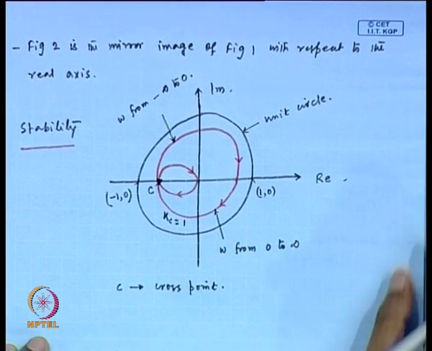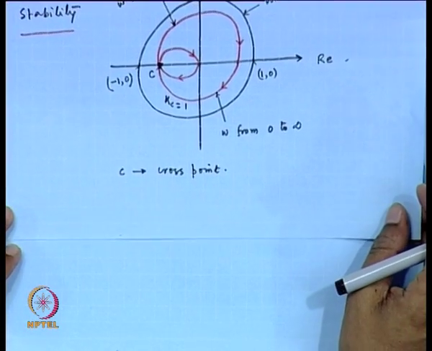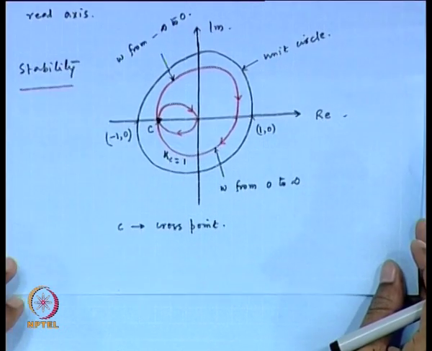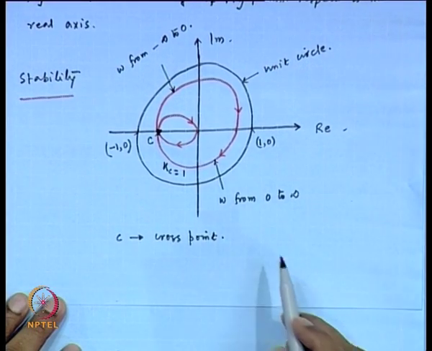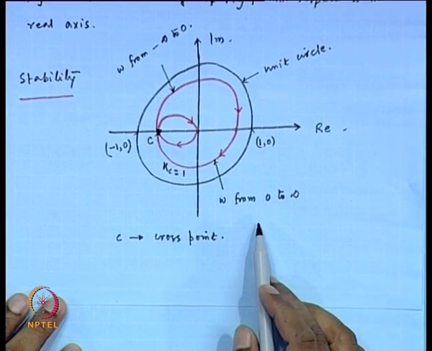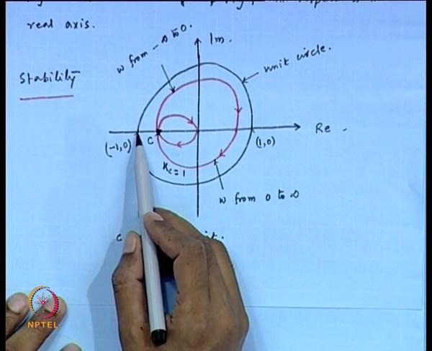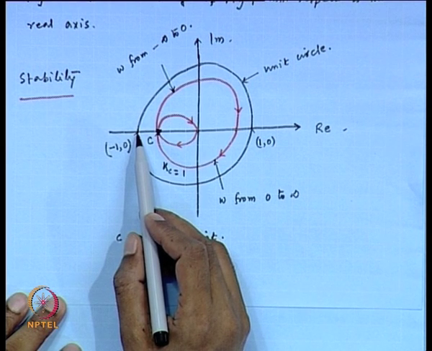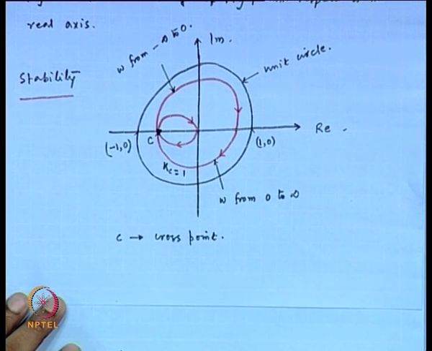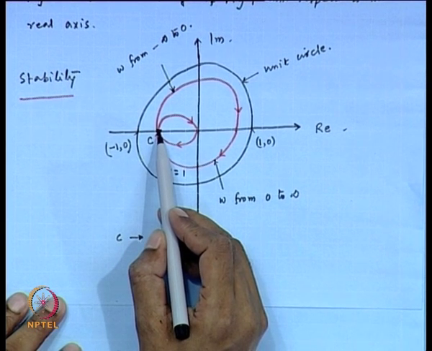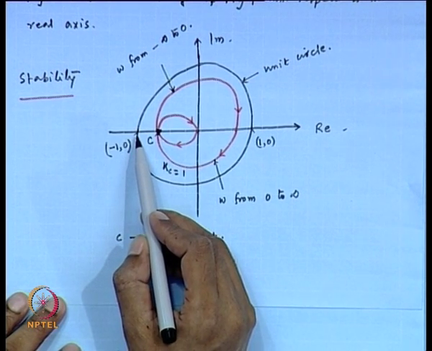Fine. Now, we will note down a few important points on stability. You see, when Kc equal to 1, the cross point is to the right of minus 1.